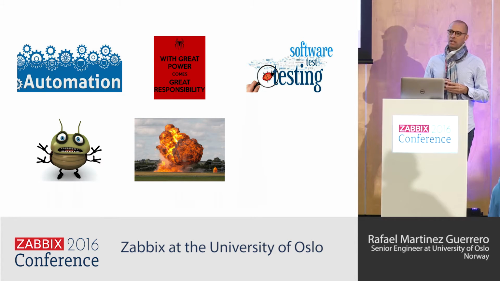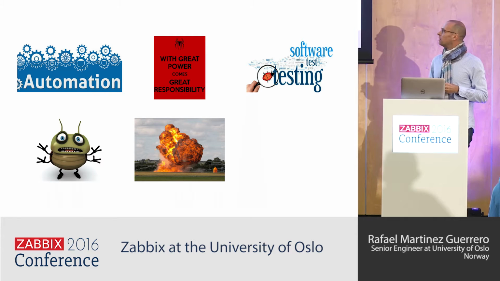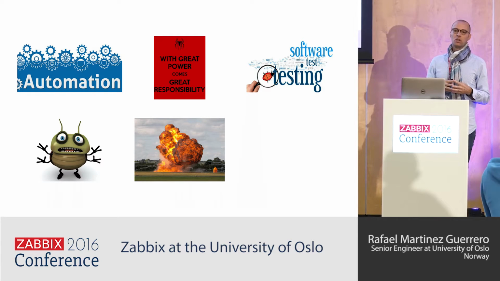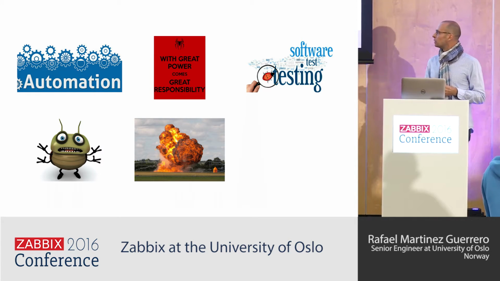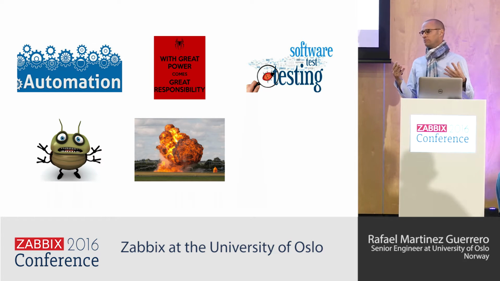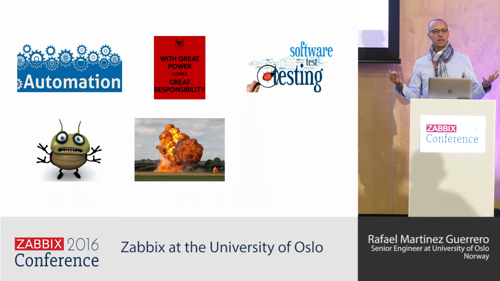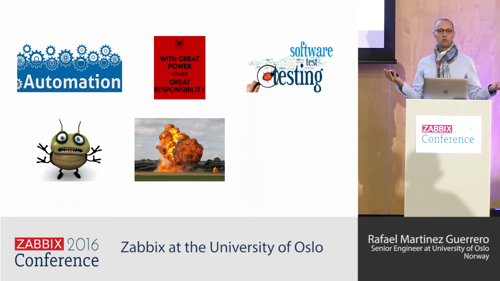Two minutes after the automation process finished, we got the first telephone call from people complaining: where are my alarms, where are my hosts, what is going on? Zabbix was completely empty. We got pretty shaken, and this is not a nice situation.